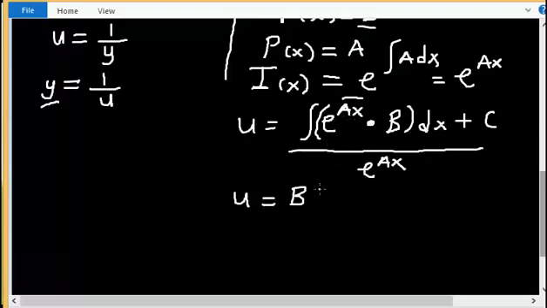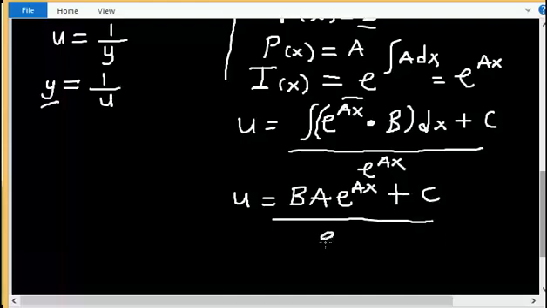To integrate exponent ax is going to be 1 over a multiplied by exponent ax. In case you've forgotten this, I'm sure you should go back to that particular tutorial on integration. Then plus c, all divided by exponent ax.